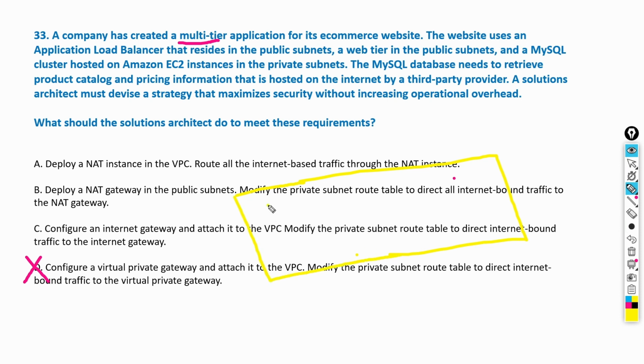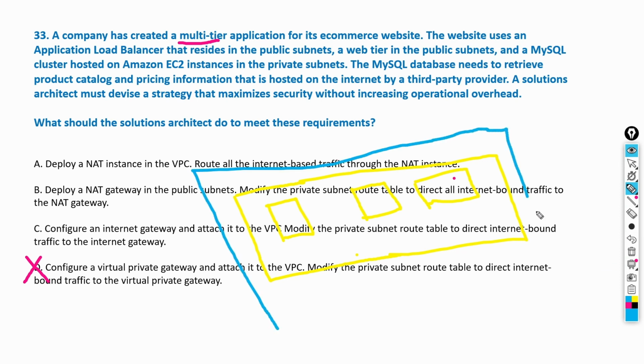This is one zone actually, zone 1. This is tier 1, this is tier 2, and this is tier 3. And here is the VPC. Sorry for the diagram.